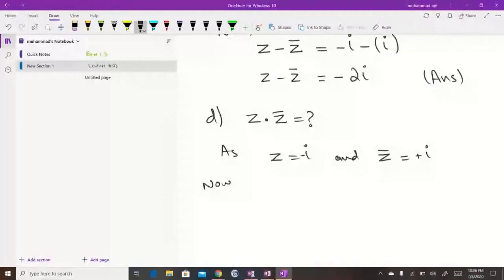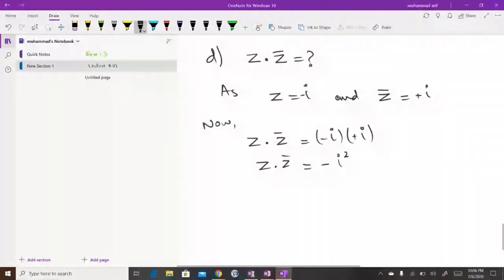Now Z into Z conjugate means negative iota multiplied by positive iota. Negative and positive become negative, and iota multiplied by iota becomes iota square. What is the value of iota square? The value of iota square is negative 1. Now negative 1 into negative becomes positive 1, which is our required answer.